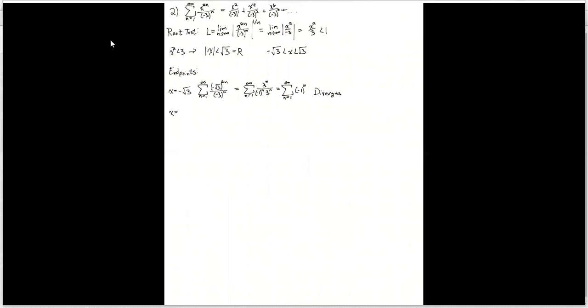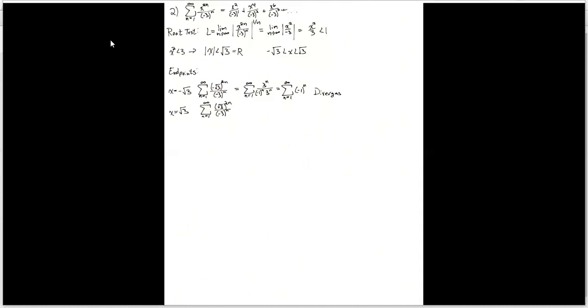Now, when x is radical 3, we have the sum from 1 to infinity of radical 3 to the 2n over negative 3 to the n, right?